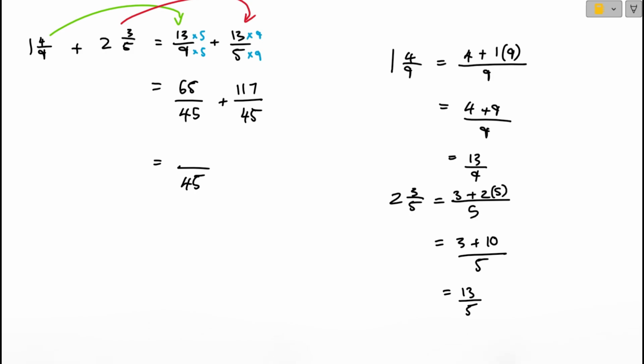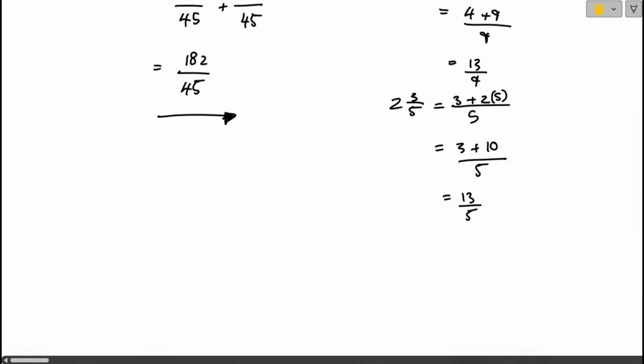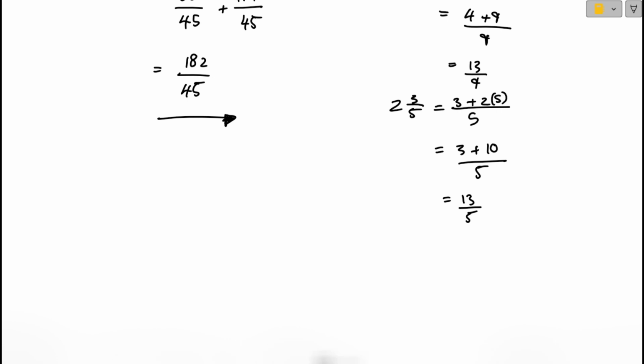Okay, let's go ahead and add 65 with 117. That will give us an answer of 182, right? And if I were to convert this to its improper fraction, ask yourself how many times can 45 go into 182?